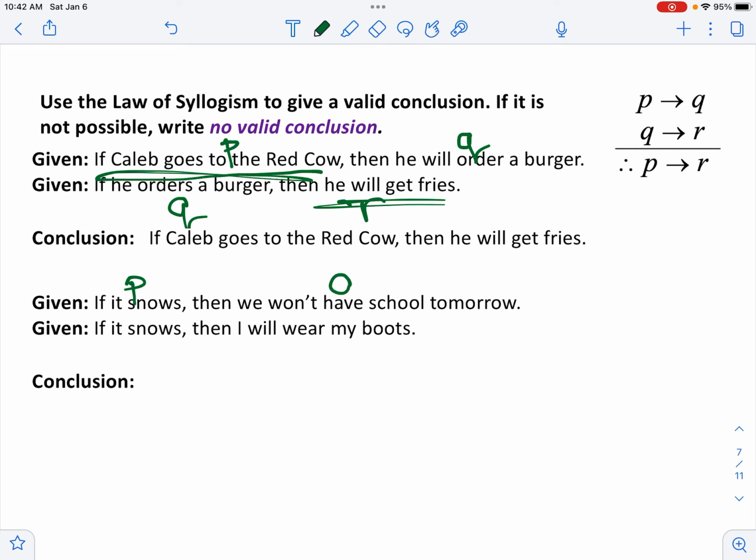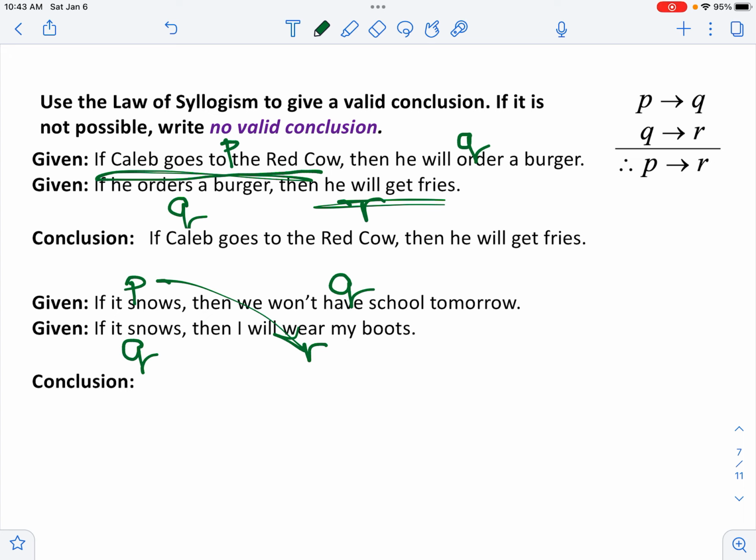That should be our Q. And then if it snows, Q, then I will wear my boots, R. So then this should go to this. So my conclusion should be, if it snows, then I will wear my boots.